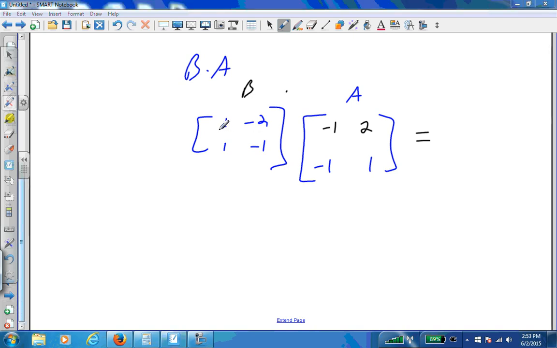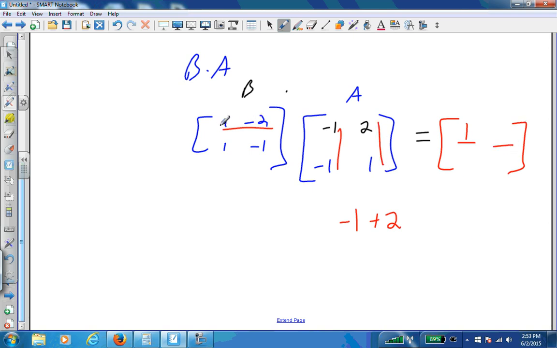So this one times the first, so row times column gives us the row 1, column 1 entry. So 1 times -1, -2 times -1, so we get a 1.